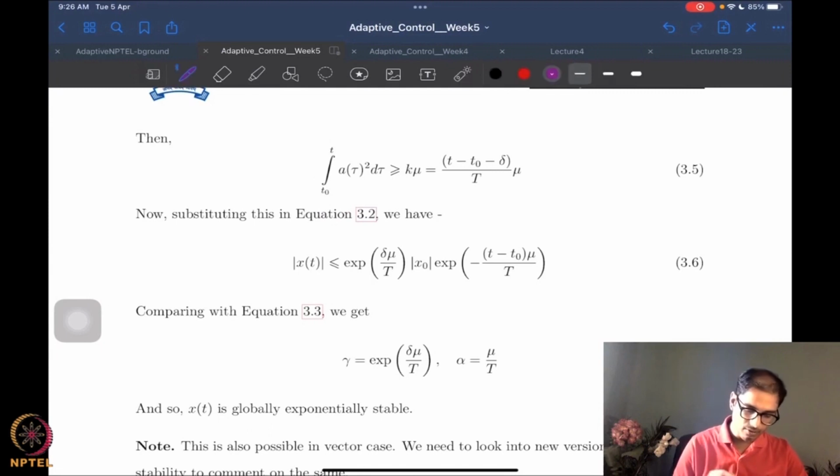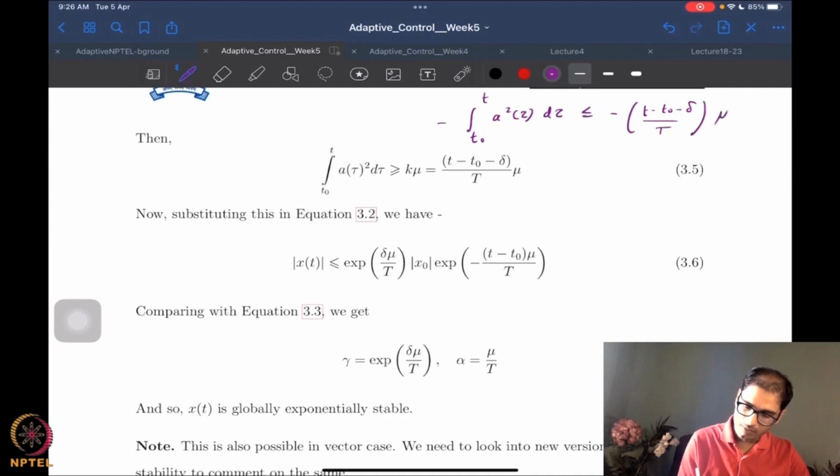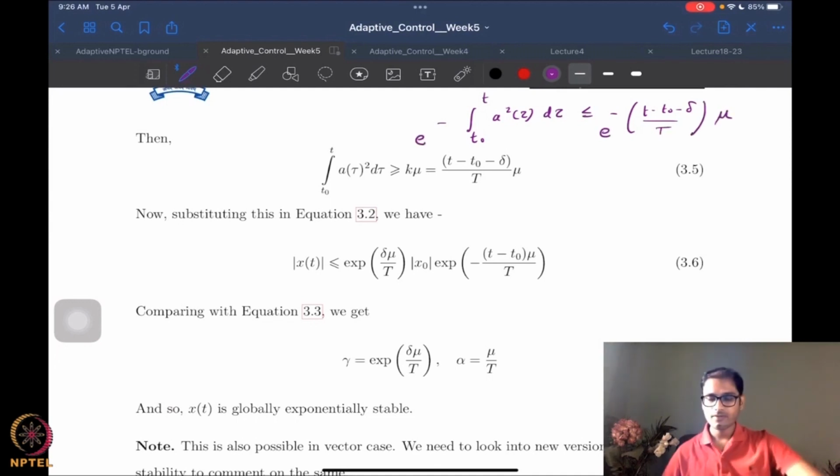So from here I will have minus the integral from t0 to t of a squared tau d tau is less than or equal to minus (t minus t0 minus delta) by T times mu, and e to the power of that will be less than e to the power of that, because it is an increasing function.